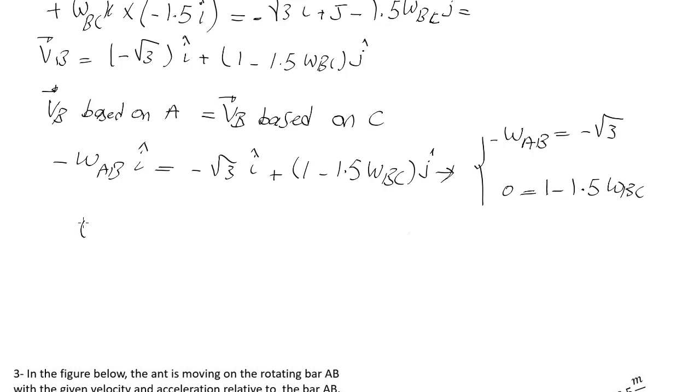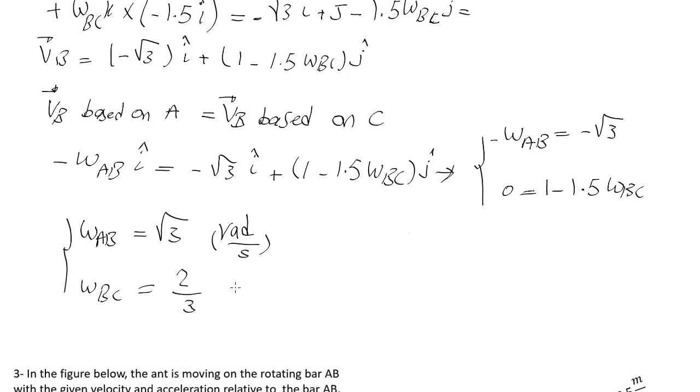So omega AB is equal to square root of 3. Its dimension is going to be radian per second. And also omega BC is going to be 1 over 1.5, so that's going to be 2/3, again radian per second.